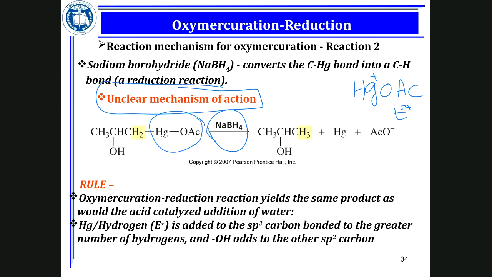What you need to know from the demercuration or reduction part is that hydrogen is going to replace the mercury acetate ion. So you have 2 hydrogens here, it changes to 3 hydrogens.